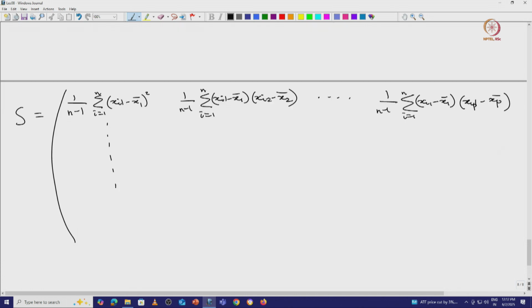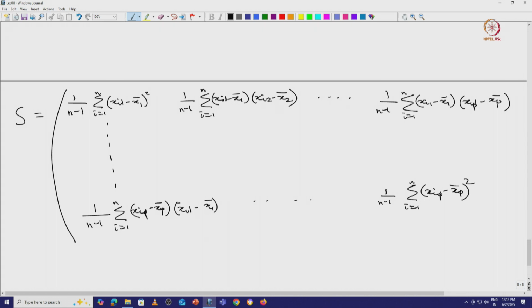The last row in this matrix will be 1 over n minus 1 sum i going from 1 to n of (x_ip minus xp bar)(x_i1 minus x1 bar), and finally going on to 1 over n minus 1 sum i going from 1 to n of (x_ip minus xp bar) whole square.